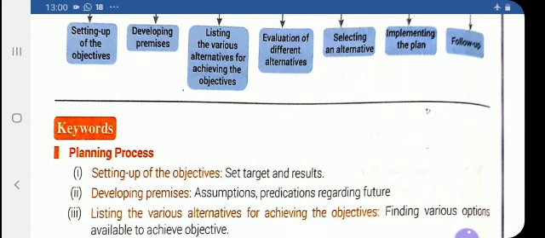These assumptions are known as planning premises, and if the plans are drawn without such forecasting, it may not lead to realization of the desired goal. The premises should set the limits within which the planning should be carried out. So accurate forecasting is the essence of successful planning.